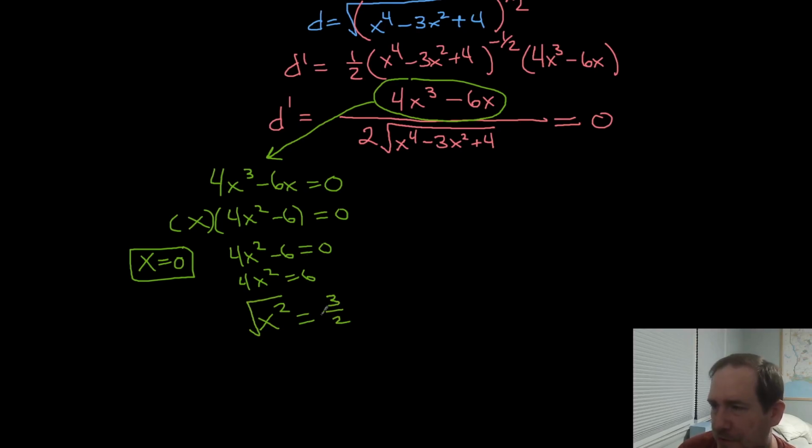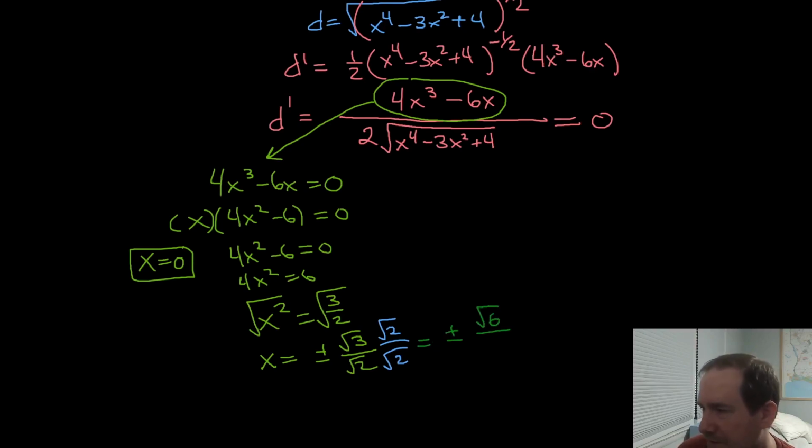Then we take the square root, remembering that that gives us 2 answers. It gives us plus or minus square root 3 over 2, which, by the way, is square root of 3 over square root of 2. And then we can clean up our denominator by multiplying by root 2 over root 2. So the final answers here would be plus or minus the square root of 6 divided by 2.